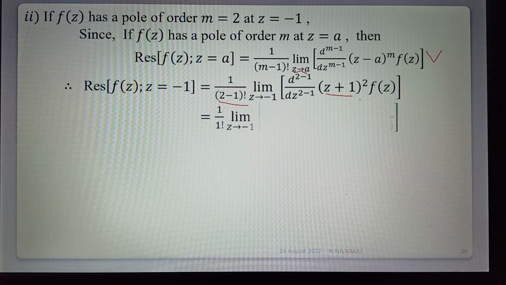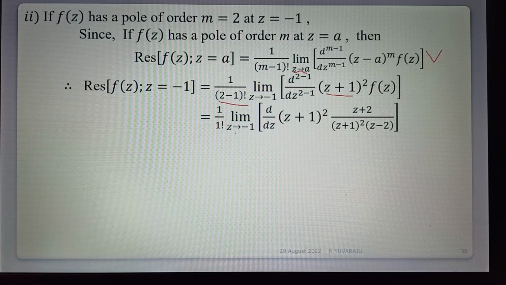So 1 by 1 factorial limit z tends to minus 1 of d by dz, one time differentiation, of z plus 1 whole square into the given function f of z, z plus 2 by z plus 1 whole square into z minus 2.